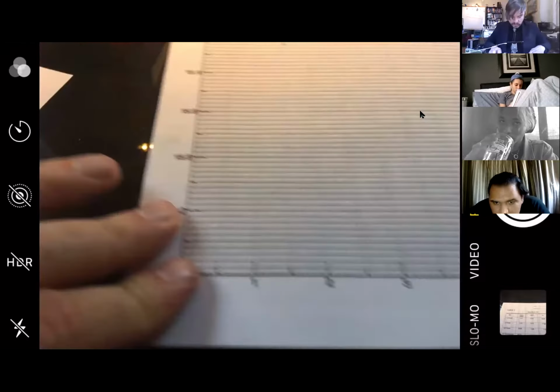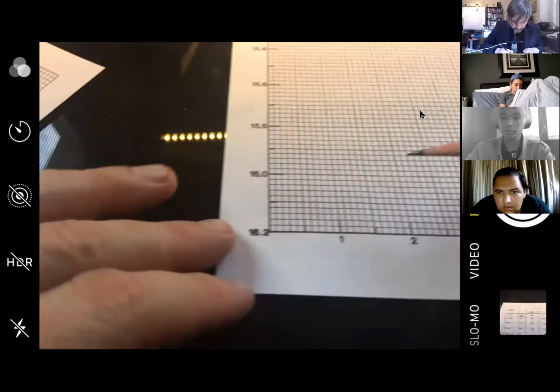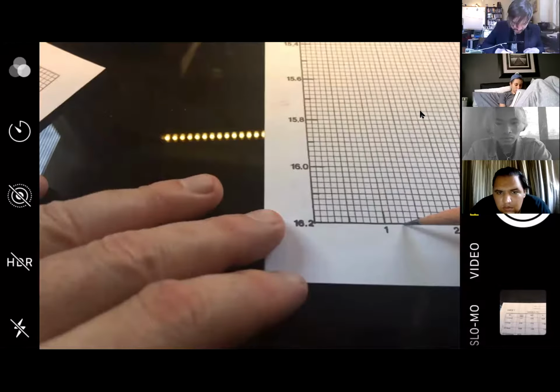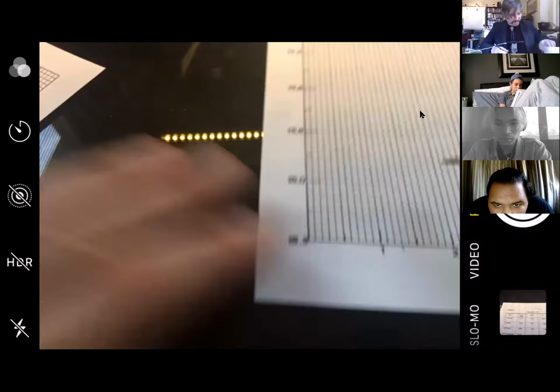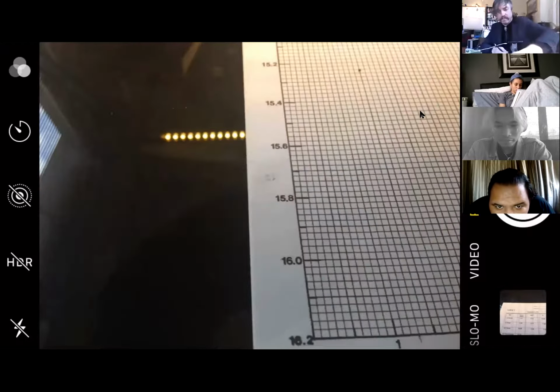So we're doing 1.3 and 15.83. Here's 1.3. Hold on a sec, guys, I've got to get up and work my feng shui.